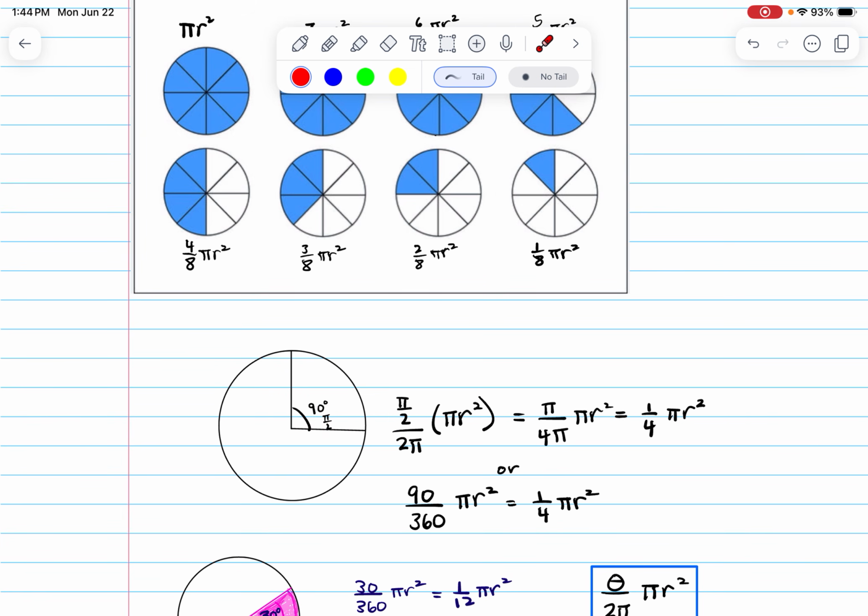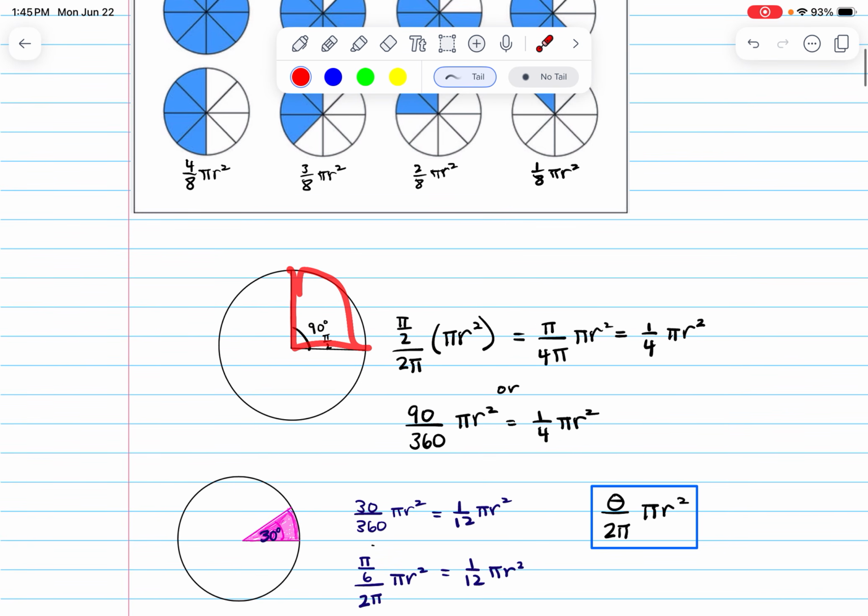So what fraction am I dealing with for this whole circle? Well, pi over 2 over 2 pi. That fraction of the circle, pi r squared. Now, if I reduce this, I get pi over 4 pi, dropping this 2 down. The pi's cancel, and I've just got 1/4 pi r squared. That's the area of that sector right here.